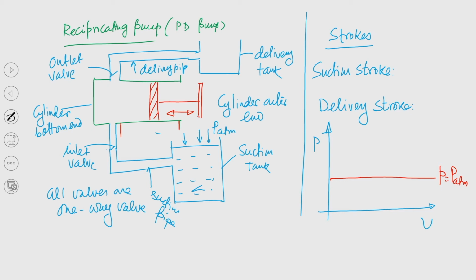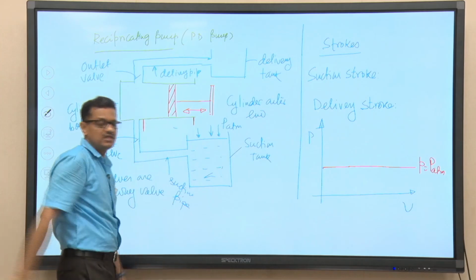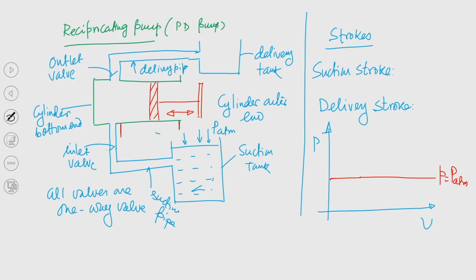Only then will liquid start flowing from the suction tank into the cylinder. So, say this is the pressure, this is point A, and this pressure will be maintained.